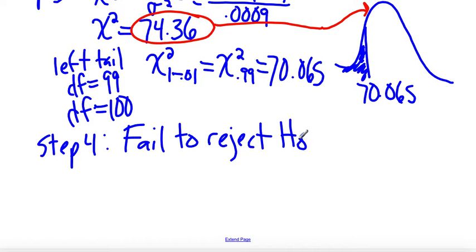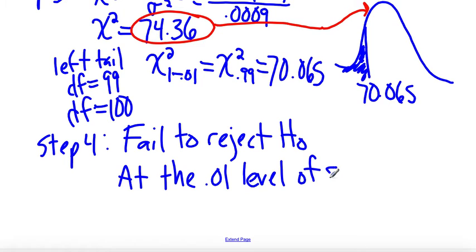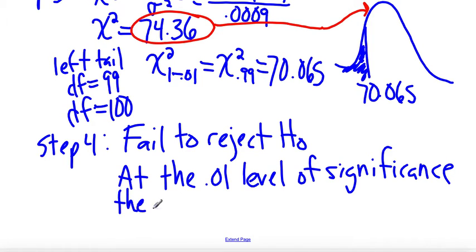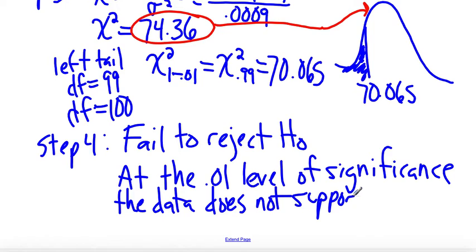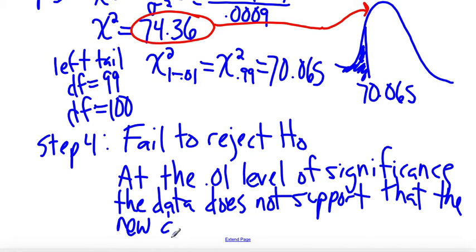So what does this mean? Well, we can say at the 0.01 level of significance, since we failed to reject, the data does not support that the new drug has smaller variance.